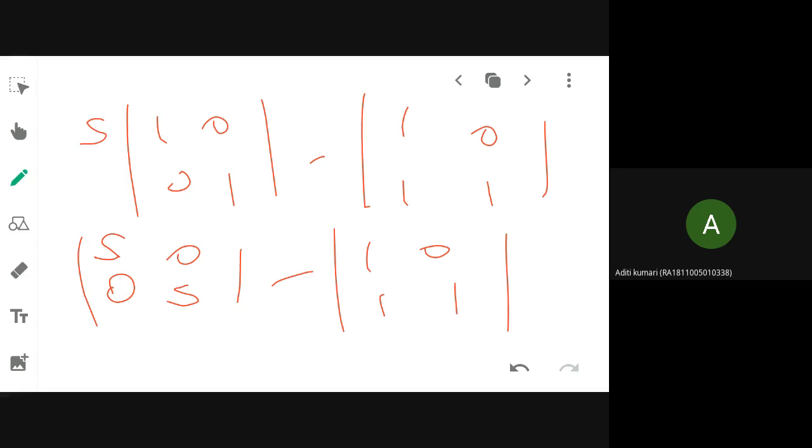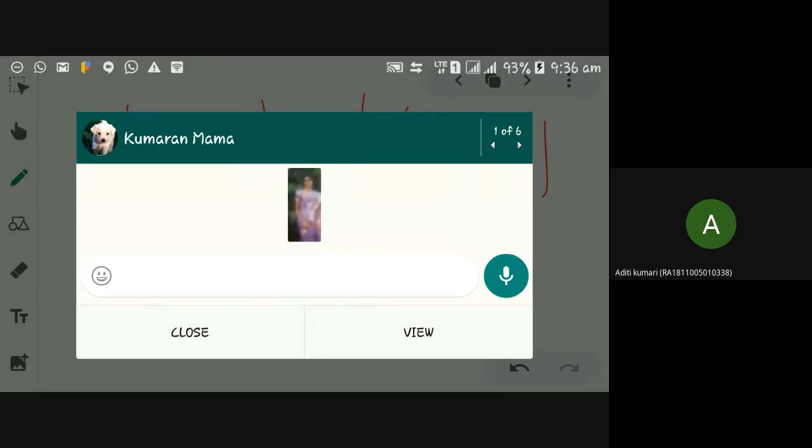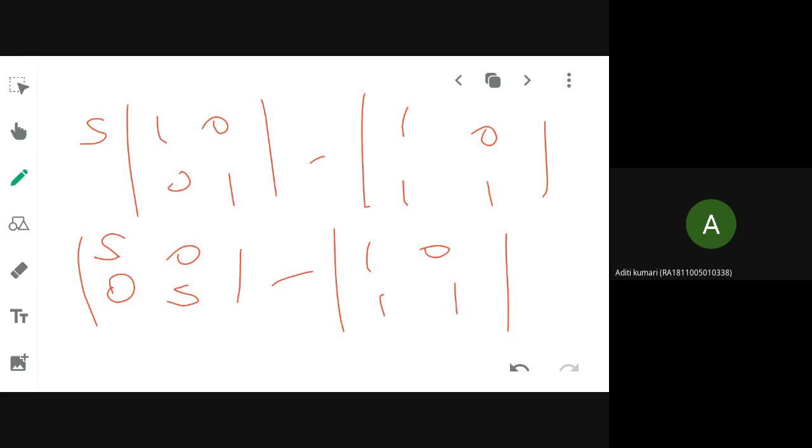Simple matrix subtraction you can't do in 1 minute and you cannot tell the answer, huh? Come on, Mohan Kumar, Bharadwaj, Hrithik, Mohit, Mukul, Pratyush, Prince. Somebody should tell me the answer.